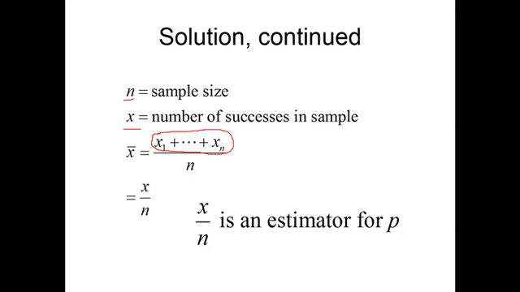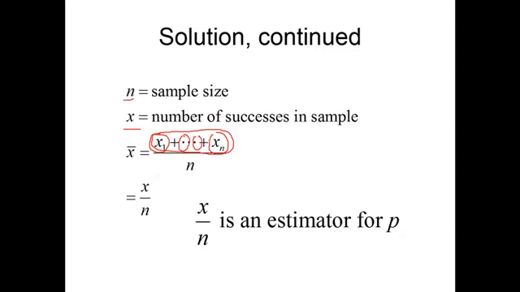So here we have our variable. We sample this random variable. Now think about it. This is a random variable. It's either 1 or it's 0. It's 1 for success, it's 0 for failure. So what we're doing here is we're just adding up all of these 1s and 0s. Well, how many 1s do we have?